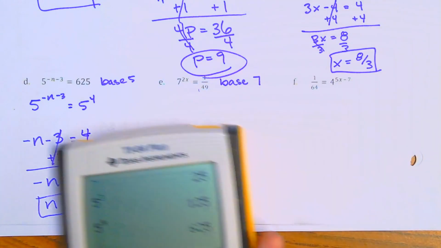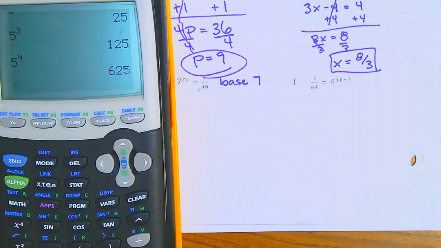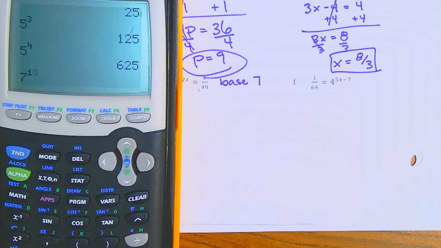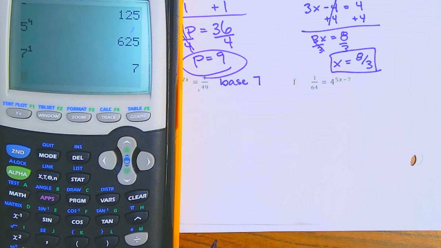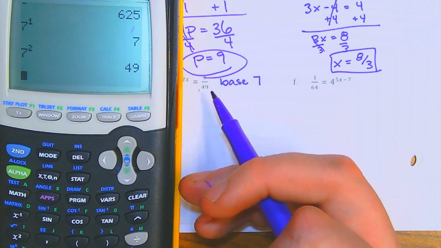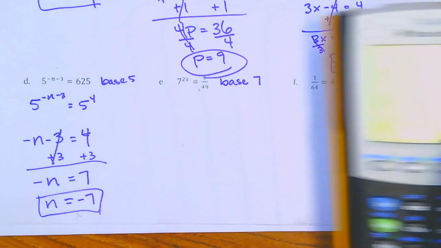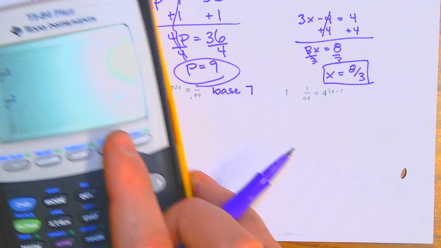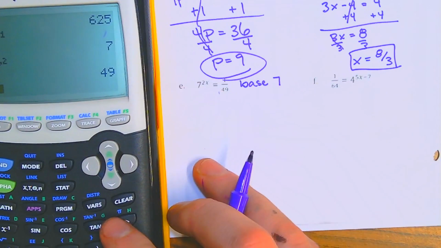So, how am I going to do that? Using our calculator again. I'm going to go 7 to the 1 power, not the 4, the 1. Press enter, that's 7. I'm going to go 7 to the 2nd power. That's 49. Is that the number I'm looking for? It is.